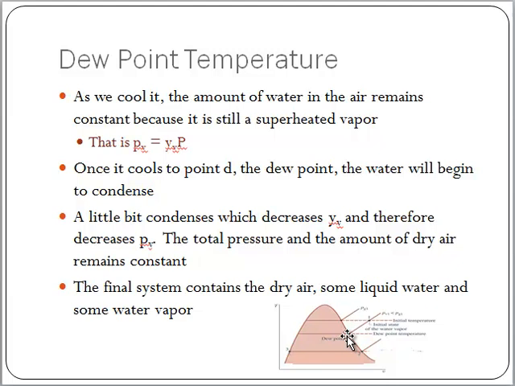Therefore, y of the water vapor is going to decrease as I do this, and that's going to decrease the partial pressure of the water vapor, which means I'm going to change to a lower and lower point. Now I'll have some liquid water at that same pressure, so I'm going to come across here, and then I'm going to start sliding down the curve at lower and lower pressures because I have lower and lower mole fractions.